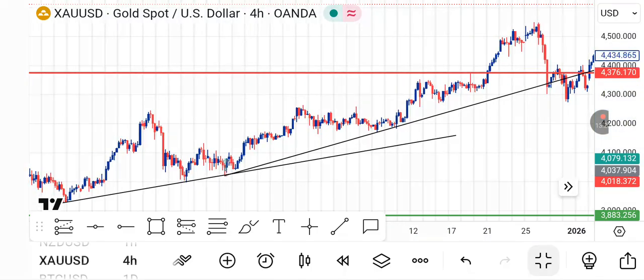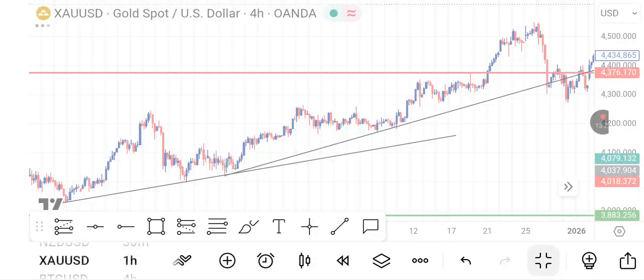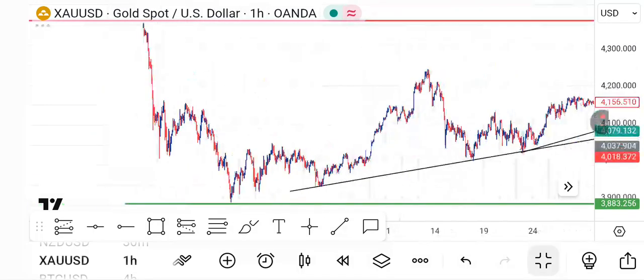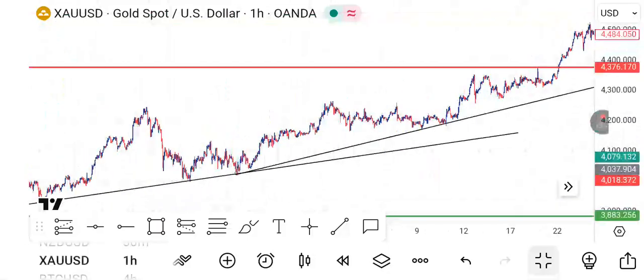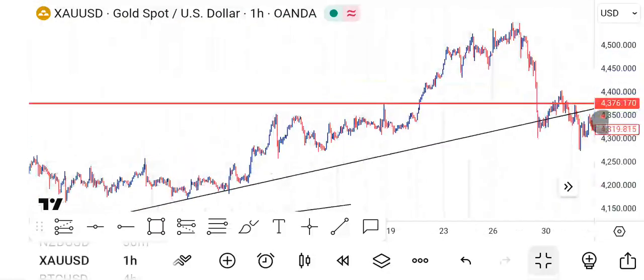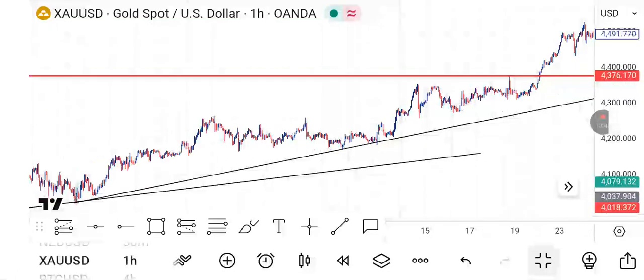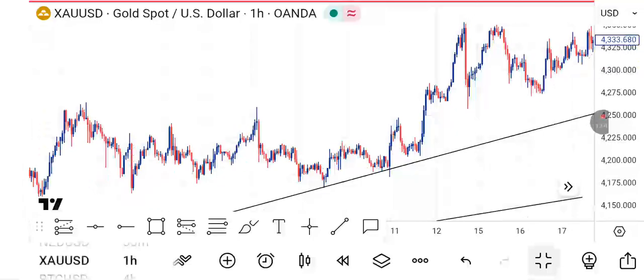So I'm doing this analysis on the 4 hour, so I can go to my 1 hour to position the trend line correctly. Okay, good. You see how it did respect this trend line again as it moves up.